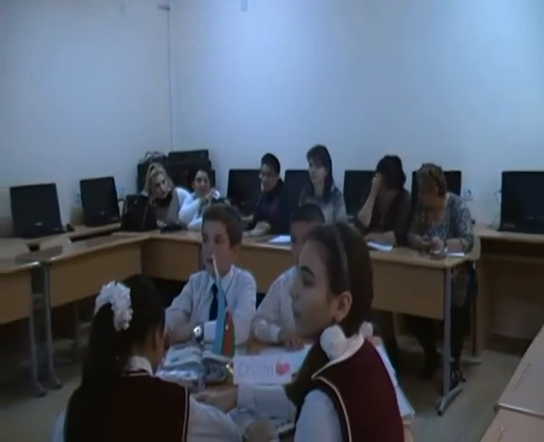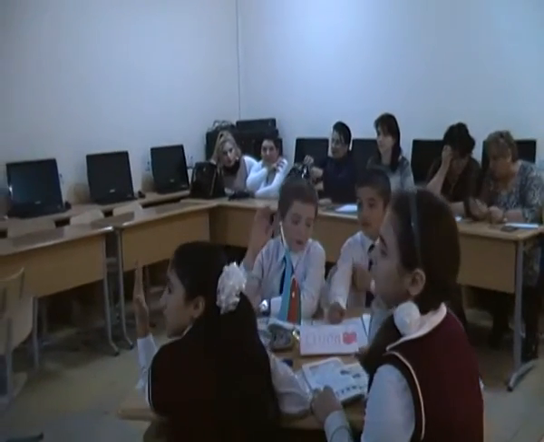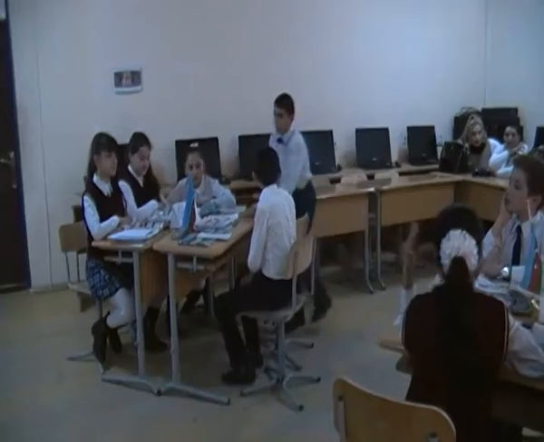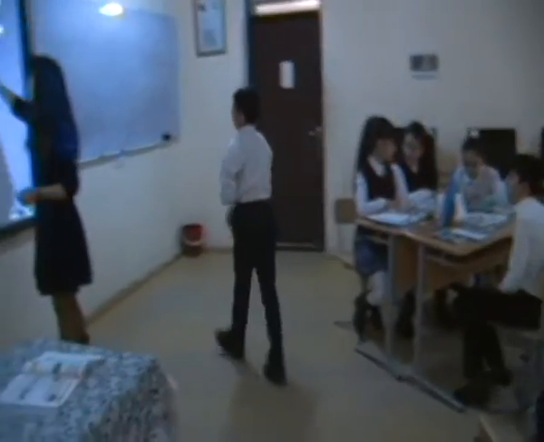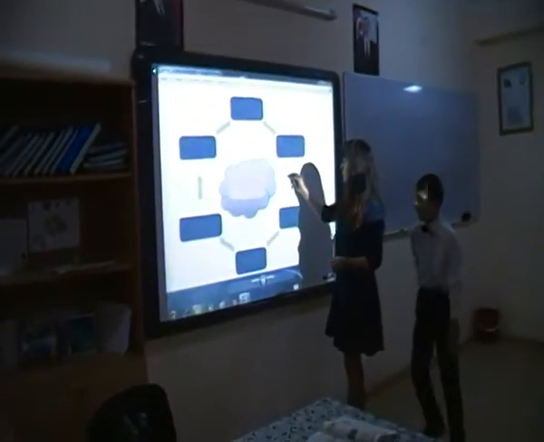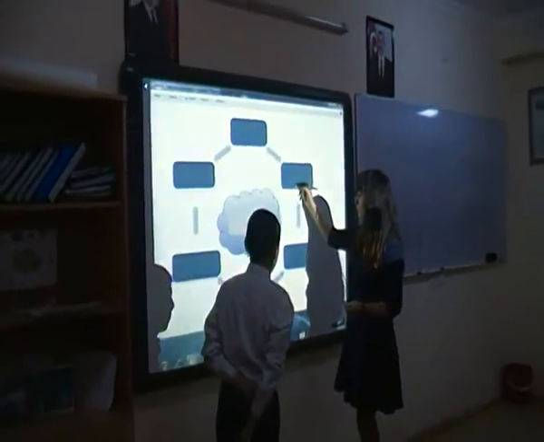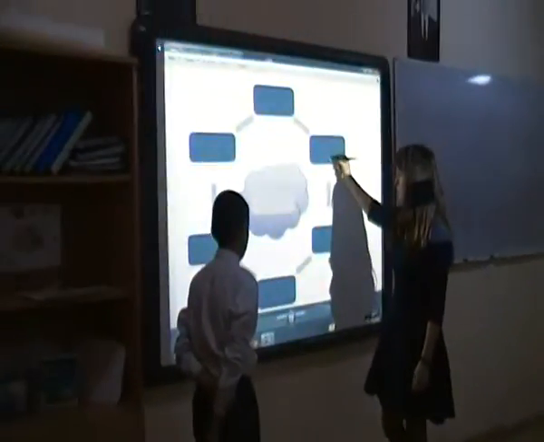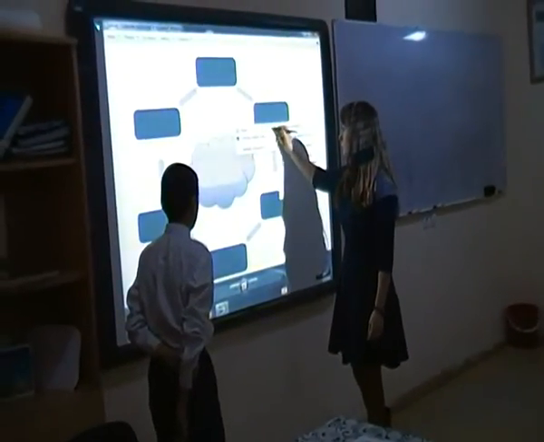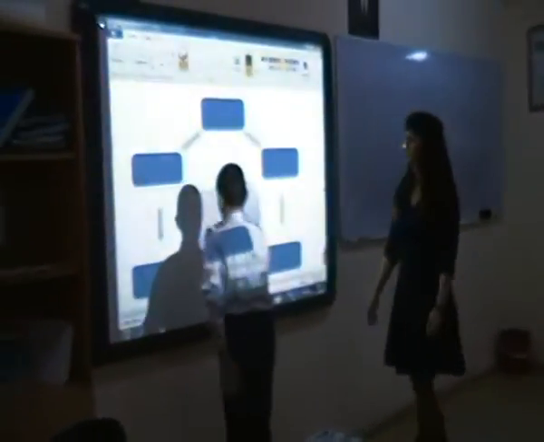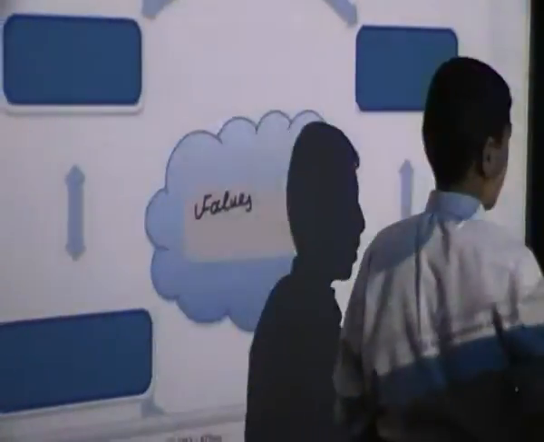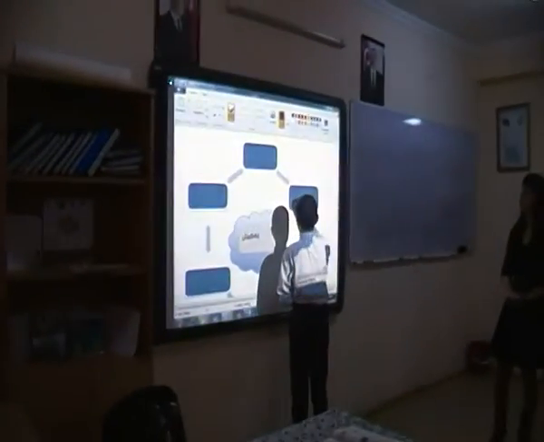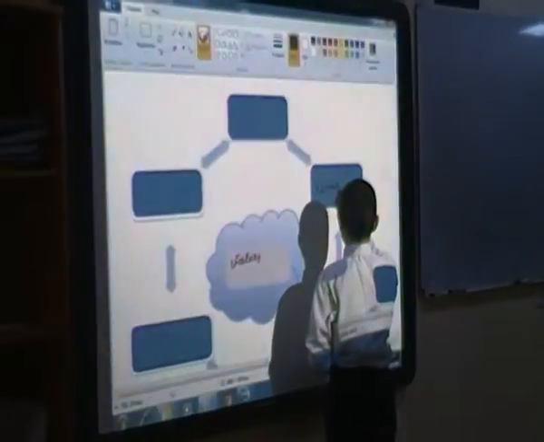Now, who can come and make a cluster about values? Who can come? You, come to the board. Now, write down, please. First about values, write down. And what values do we have? Heroism. Heroism, write down. Then you will tell. Patriotism.